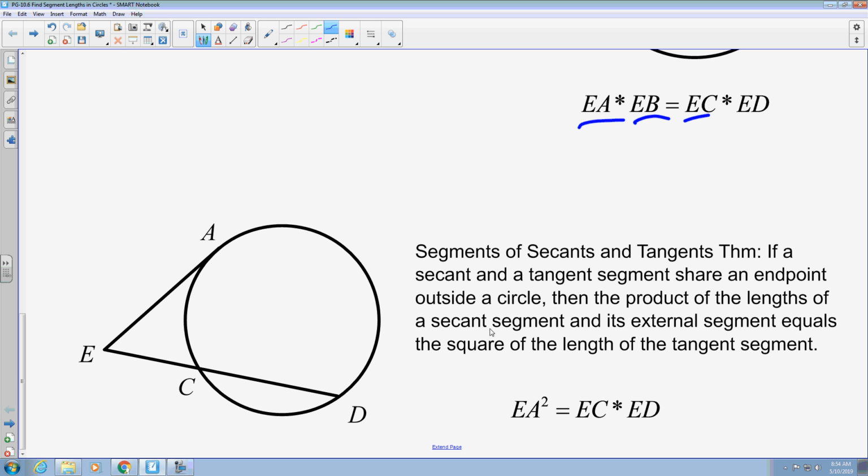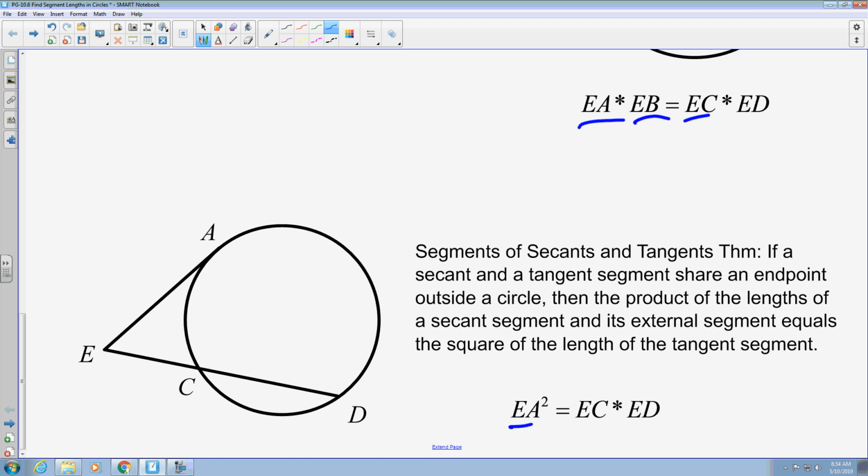Finally, there's the segment of secants and tangents. So this is my tangent. This is my secant here. What they're stating in this one is if a secant and a tangent segment share an endpoint on the outside of the circle, then the product of the lengths of the secant segment and its external segment equals the square of the length of the tangent segment.